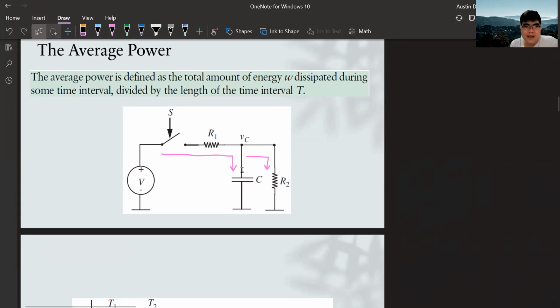And then once I open the switch again, the capacitor is fully charged. So when my capacitor is fully charged and I open the switch again, it will give off current in turn. Okay?